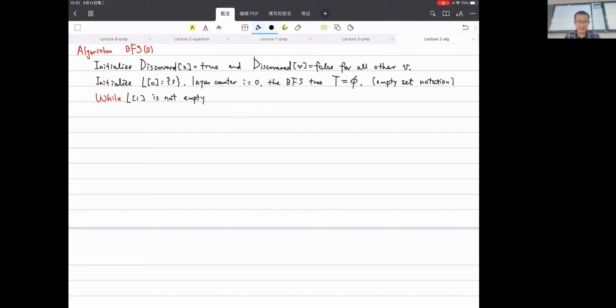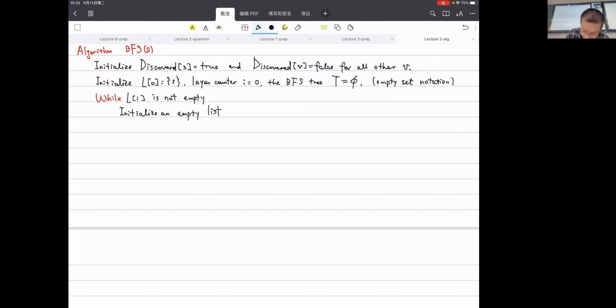But as long as the current level set still has newly discovered vertices, we should not stop. That is the reason we set up such a while loop here. So while Li is not empty, we are going to figure out the next level set. Of course, we are going to initialize an empty set.